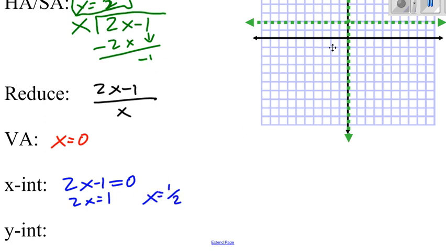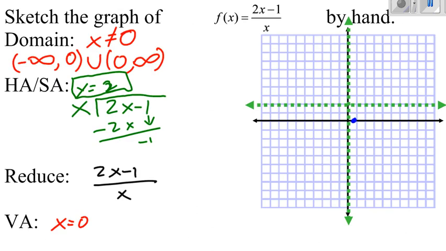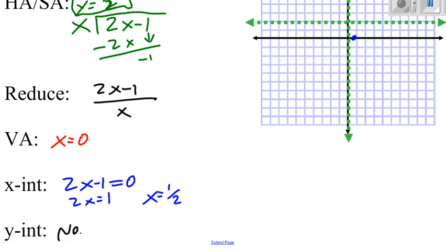That's our x-intercept, so you can put a dot. You can find our y-intercept next. Plug in 0, which we can't do. It's not in the domain, so skip that. You just write none, no y-intercept.